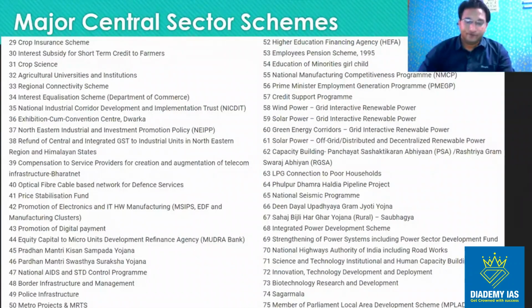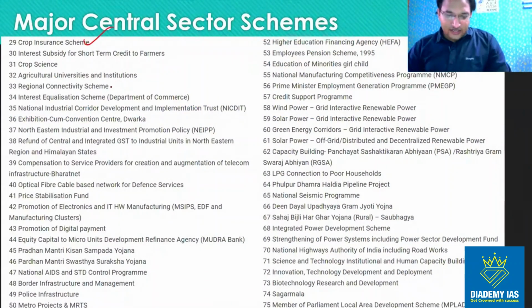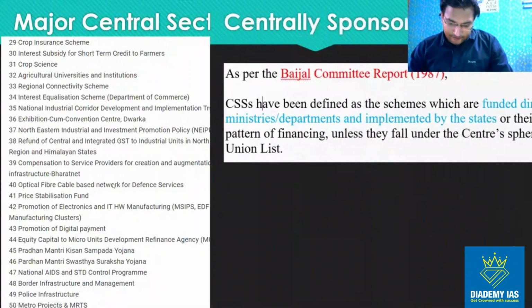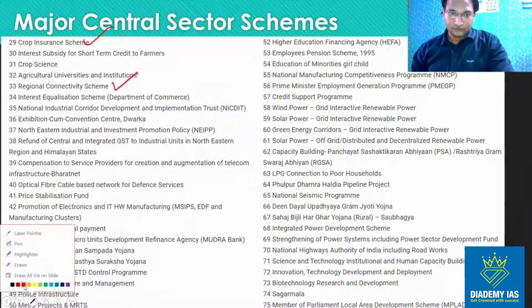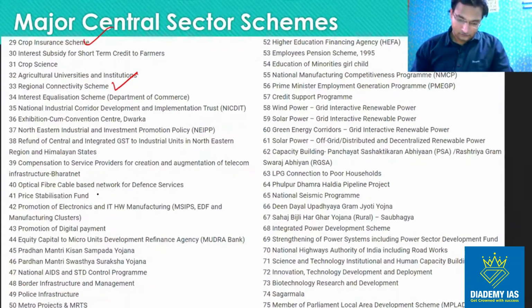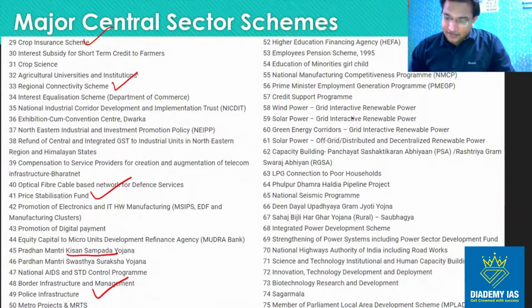You can see crop insurance scheme, regional connectivity scheme, right? Price stabilization fund, police infrastructure, Kisan Sampada Yojana, right?